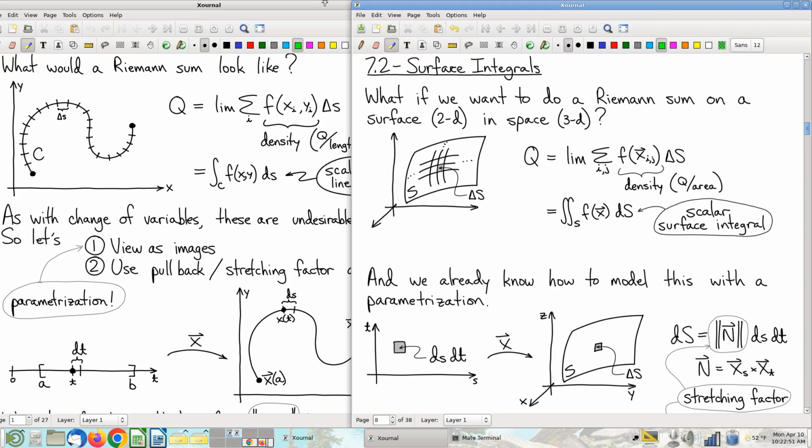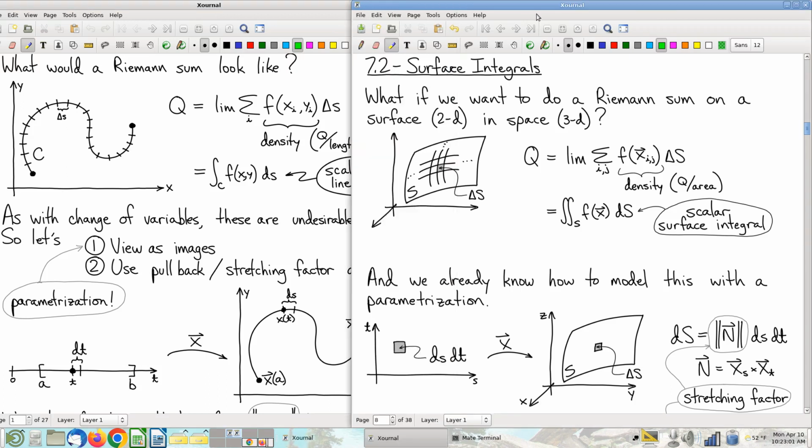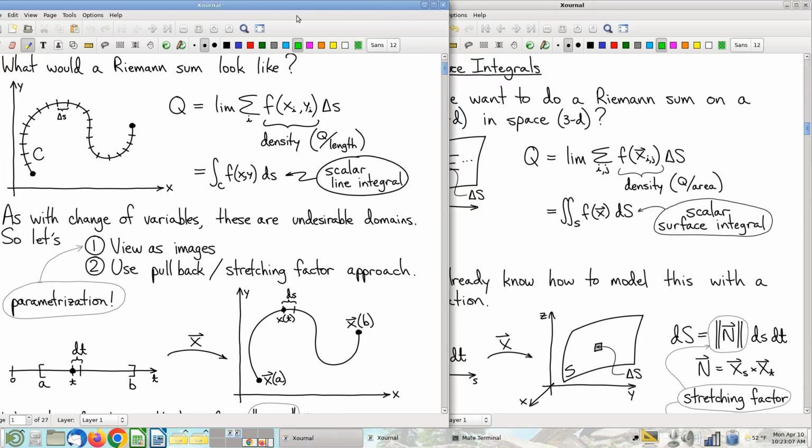So notice, and I'm going to be flipping back and forth throughout the lecture today to say, hey, look, check it out. This is morally equivalent to what we did with integrals on curves, except that now we're just doing it on surfaces. Okay, so anyway, that's going to be the through line. So what did we do when we asked the question, how would I add things up over a curve? First of all, what do I mean by an integral on a curve?